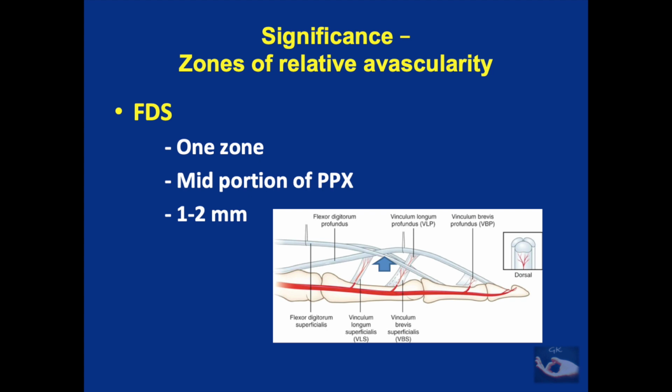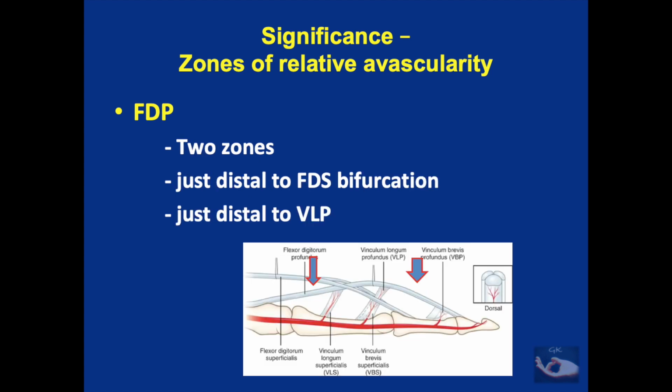This pattern of vascularity of the tendons leaves one zone of relative avascularity for the flexor digitorum superficialis in the middle portion of the proximal phalangeal region, and two zones of relative avascularity for the flexor digitorum profundus just distal to the FDS bifurcation and just distal to the vinculum longus of the profundus.